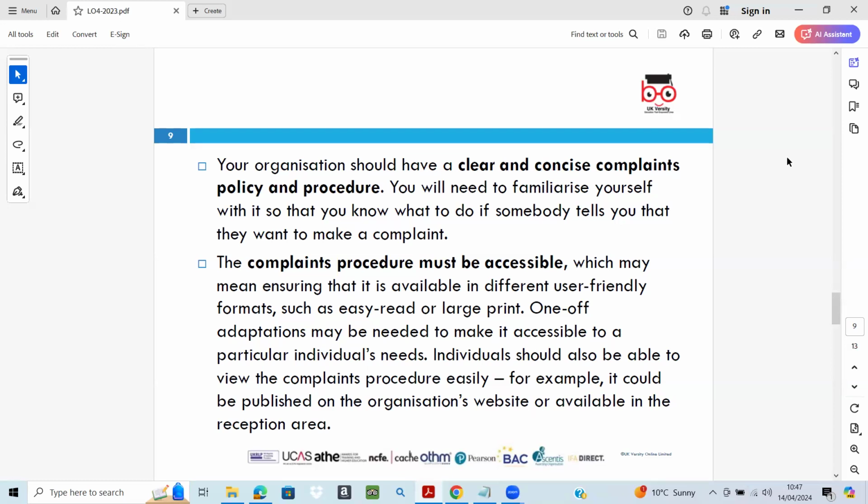If staff are familiar with the complaint procedure, they can confidently guide individuals through the process, ensuring that complaints are handled effectively and efficiently. Being well informed about the procedure allows staff to assist promptly and accurately, which is comforting to an individual making a complaint.